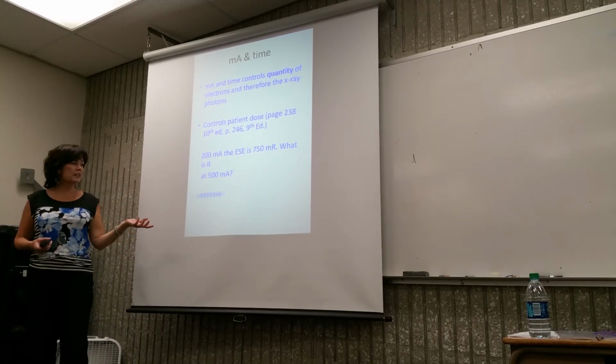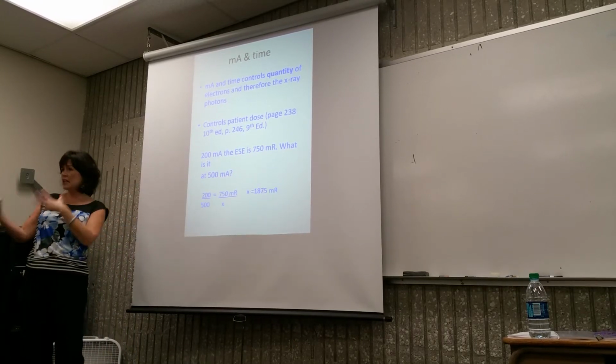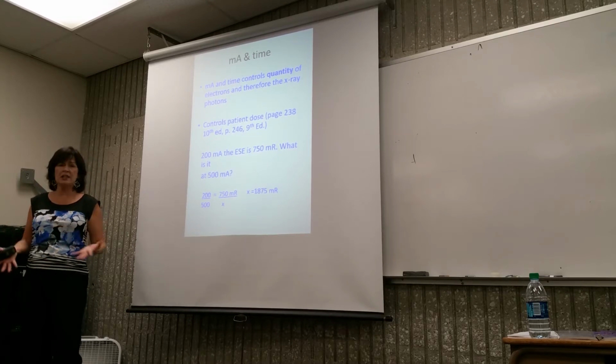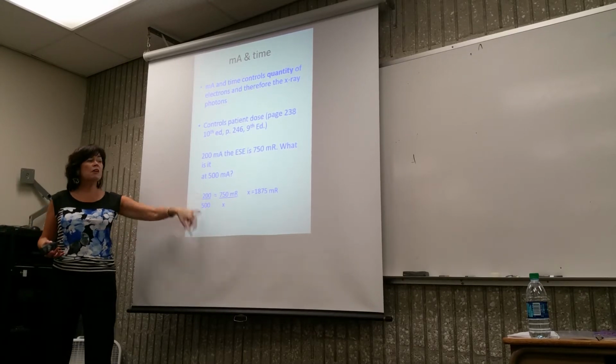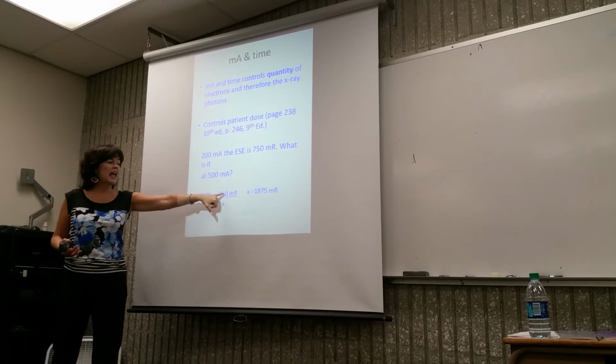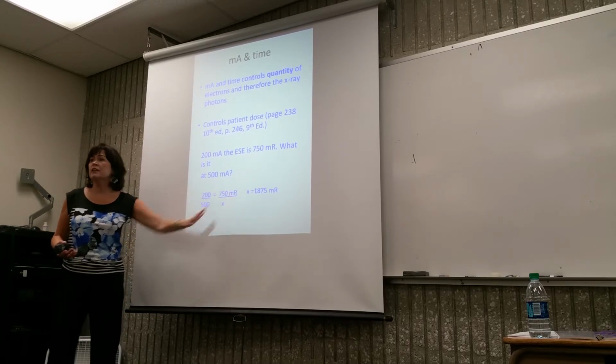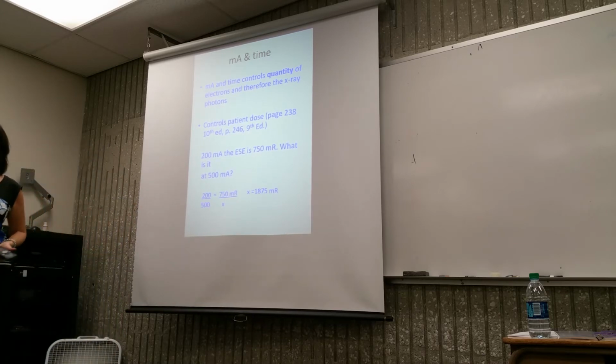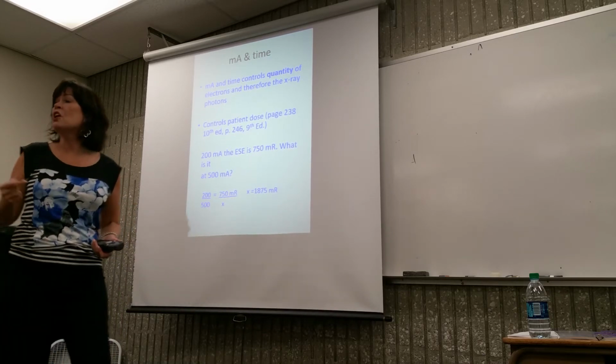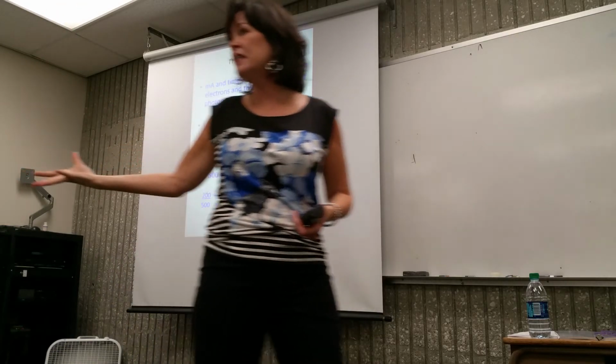So again, the way you set this up, and I have a test question on this when we get to the test, your MA is all on one side, your mR is on another. What does mR mean? R stands for Röntgen, radiation in air, and we're talking about the radiation intensity coming out of the X-ray tube.